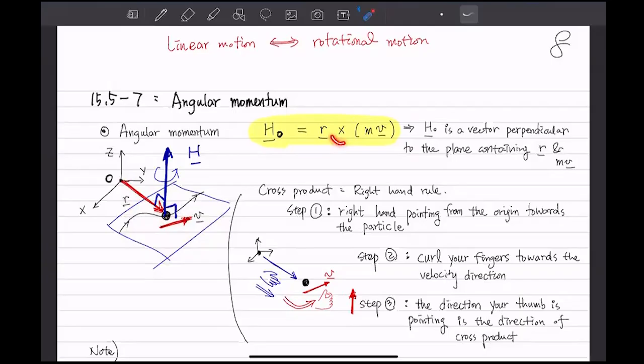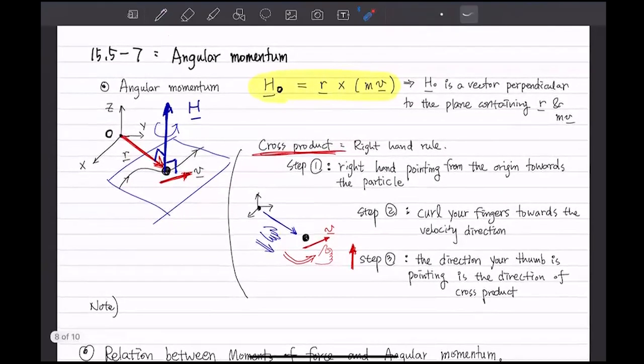Okay, and this is a cross product, and for cross product, you might have learned the right-hand rule. I wish you guys were all here so that I could show you my hand, how we do that, but unfortunately, we don't have that kind of luxury. It became a luxury now.